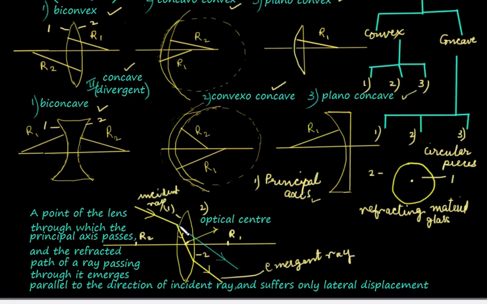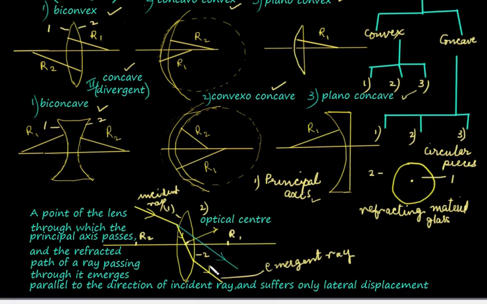If this refracted ray is passing along this line, then it emerges out parallel to the incident ray. If the incident ray did not undergo refraction, it would have passed along this line. This line I have drawn here only to show this lateral displacement.